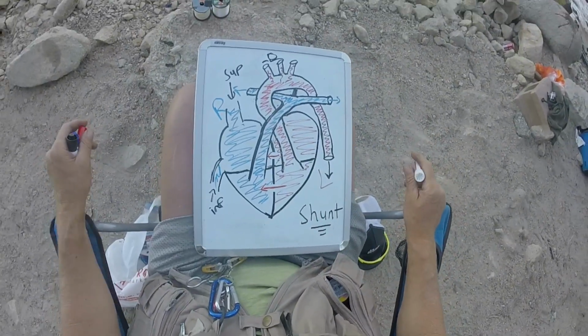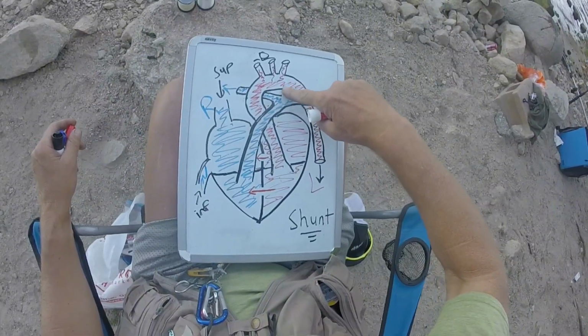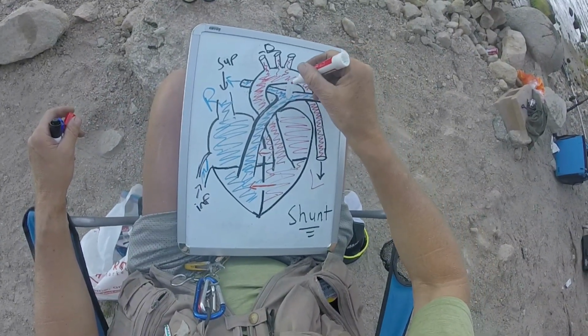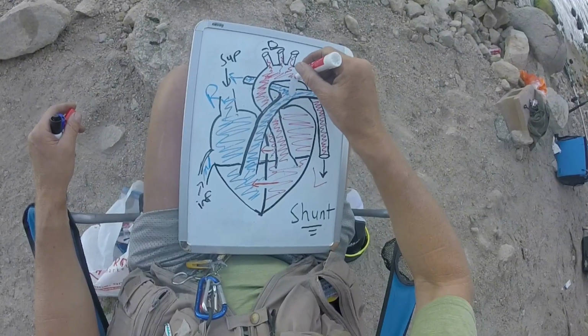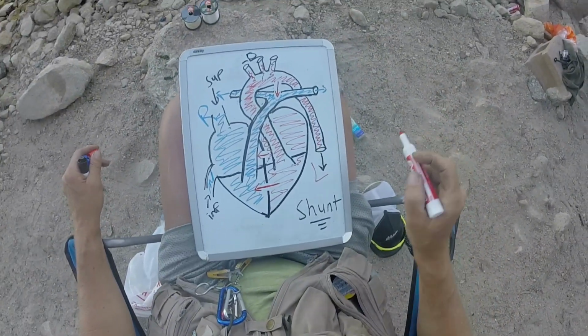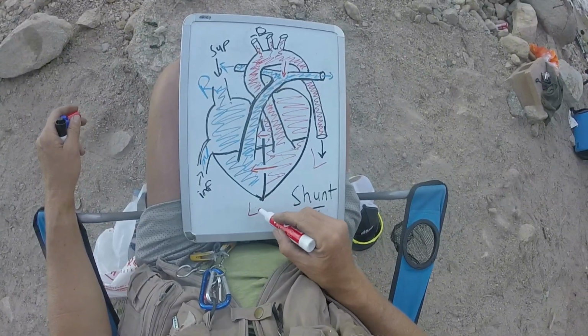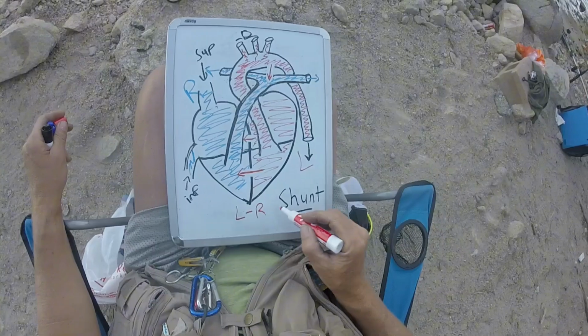Even if we had a hole, let's say up here, connecting these blood vessels, the shunt would go from the left side, or the oxygenated side, to the deoxygenated side. So we would call that a left to right shunt.